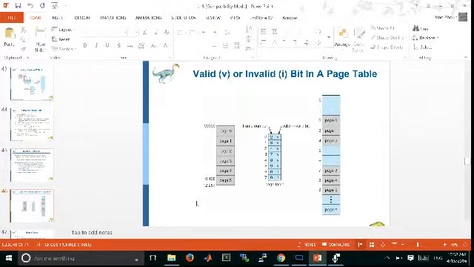So even if there is a frame in memory, we might want to rule out access to that page for some other reason. We have the option of doing that.